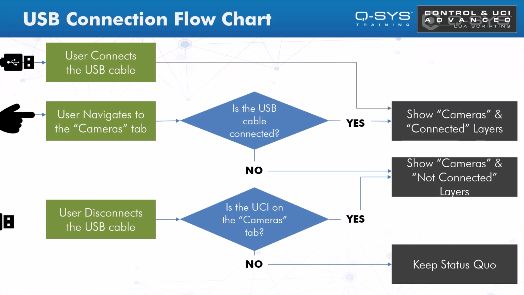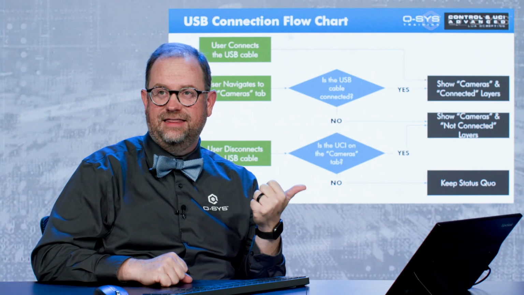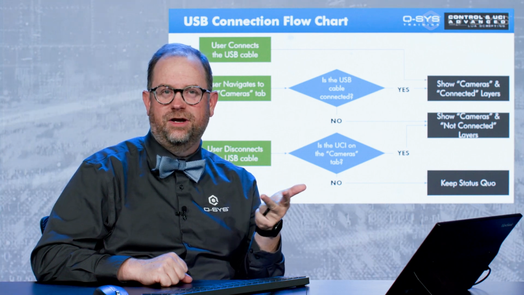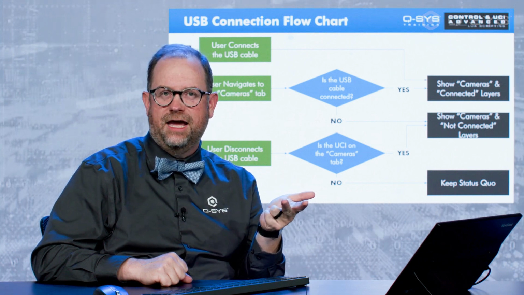It's really straightforward. If we have an event, if we connected, we simply need to make sure that we are on the cameras page. Otherwise, how do we get to the connected and the disconnected and the status quo? We just run all of those functions that we already have.